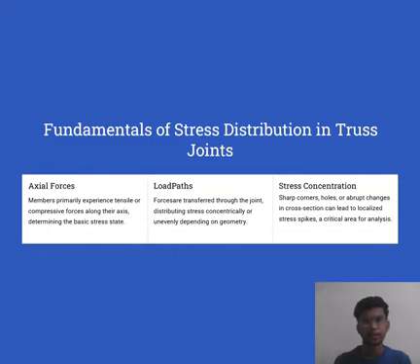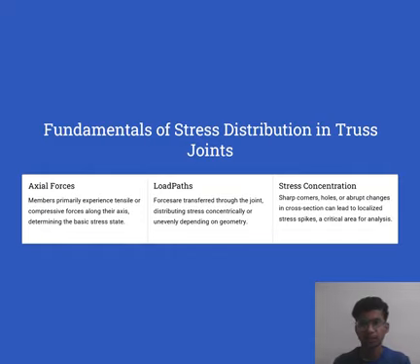Fundamental stress distribution in truss joints. Axial force: members primarily experience tensile or compressive force along their axis, determining the base stress state. Load paths: forces are transferred through the joint, distributing the stress concentrically or unevenly, depending on geometry.